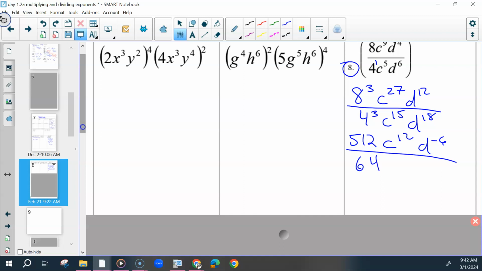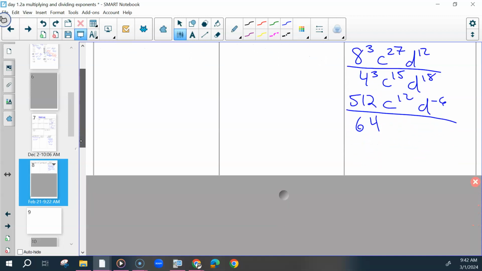So if possible, simplify 512 over 64, or see if you can just divide it outright. 8. The d is going to come down, c stays up, so 8c to the 12th over d to the 6th would be our final answer.